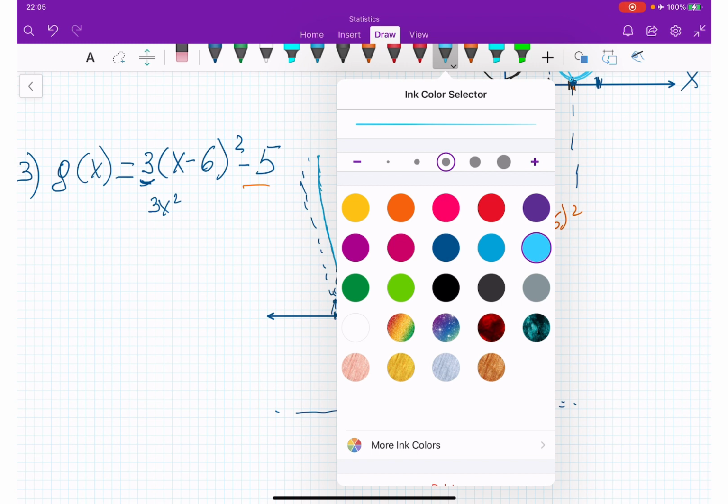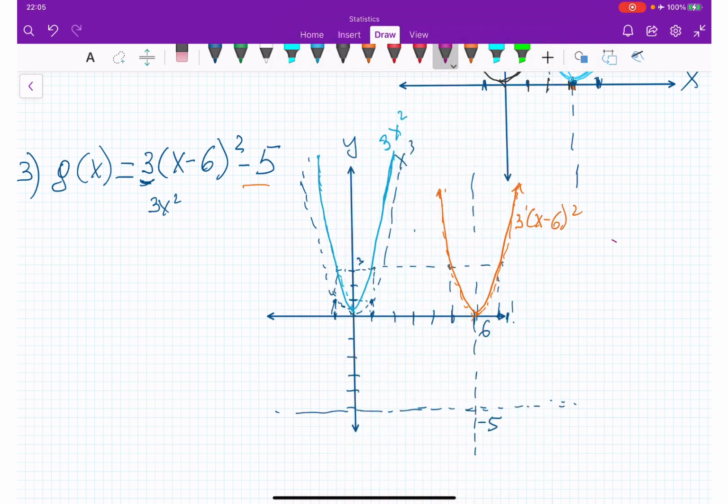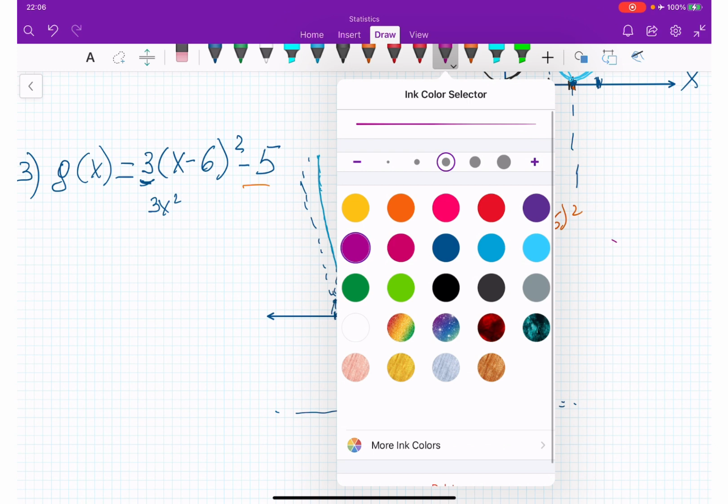I don't see anything nice, but I'll use maybe this one. So this one is coming here, this one is coming here, and it's going to be 1, 2, 3. So the graph is going to be, let me make it bold.